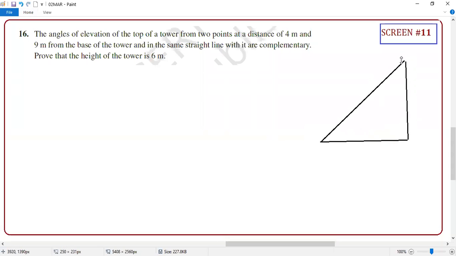Now this is one point and this is the other point. So what has been given? Watch it carefully. So this is your tower. Mark the points A, B, so A is a point, B is a point, and CD is the tower.